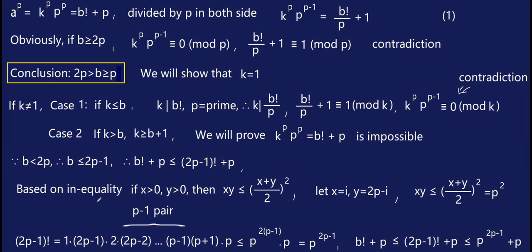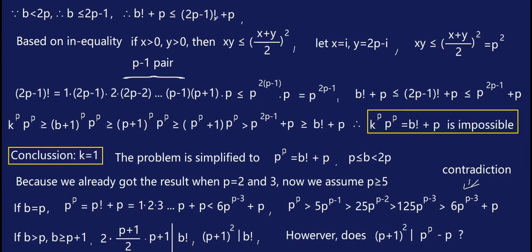Based on the famous inequality, if xy is greater than 0, then xy is less than or equal to ((x plus y) divided by 2) squared. If we let x equal to i, y equal to 2p minus i, we have xy less than or equal to p squared.